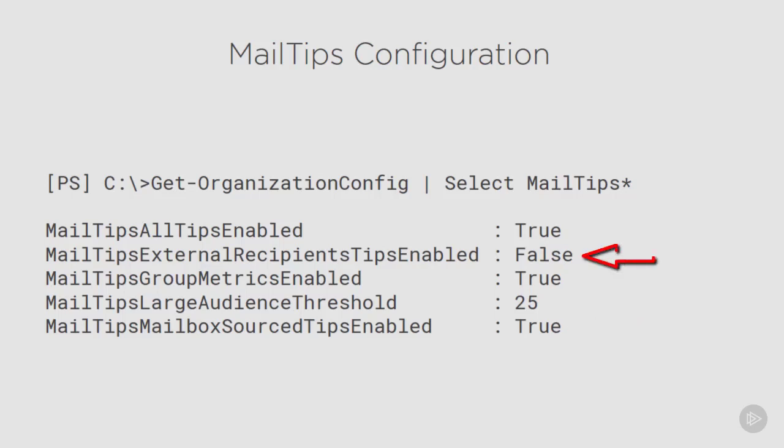And mail tips for external recipients are disabled by default. If you turn that one on, users are warned when an email they're sending will go to external recipients. That's not always a useful warning, especially for companies that do a lot of external communications anyway. So it's turned off by default.